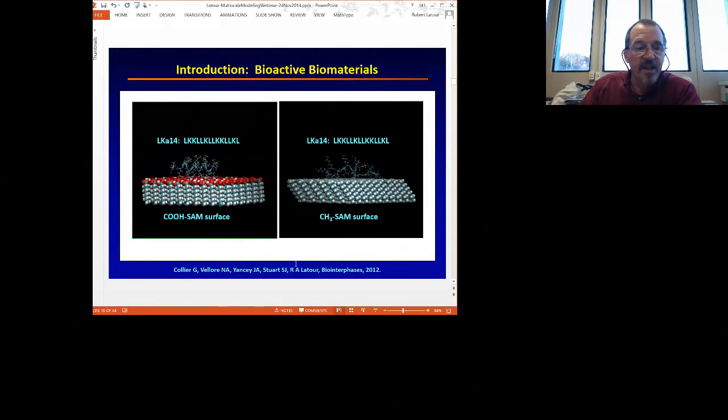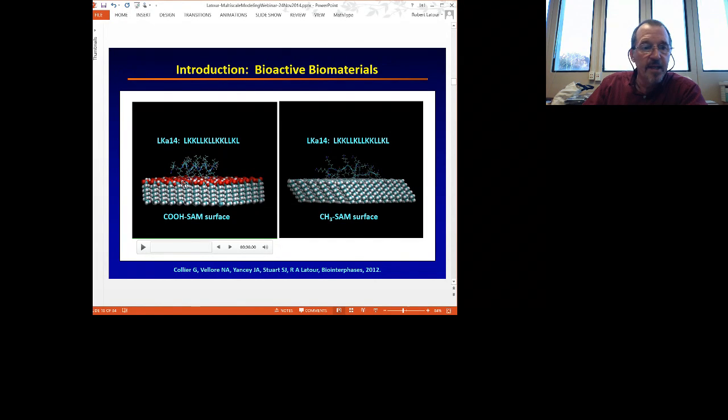And just to have an example of how the surface can affect bioactivity, here are some results from simulations that we've done before. This is an LK peptide, leucine and lysine. Leucine, of course, is a hydrophobic, nonpolar side chain, and lysine is a positively charged side chain. These peptides in this sequence form an alpha helix on surfaces.